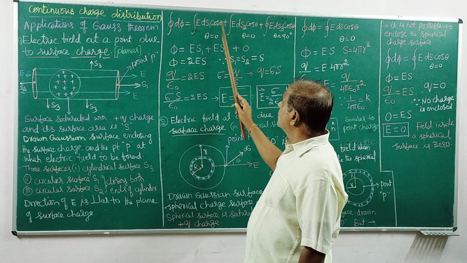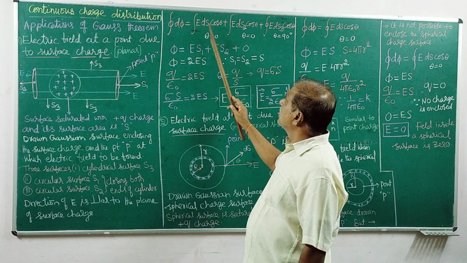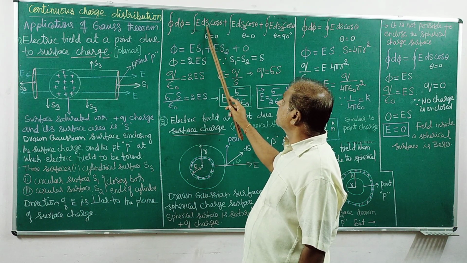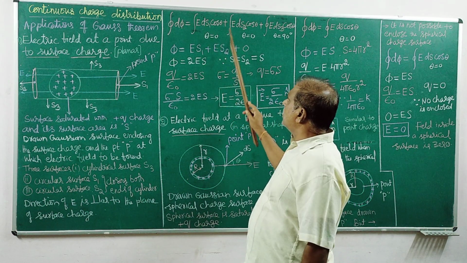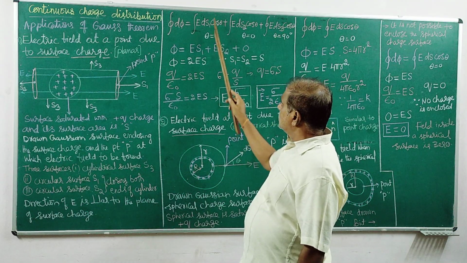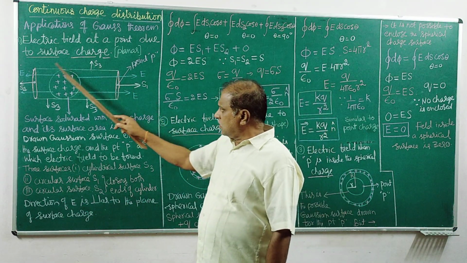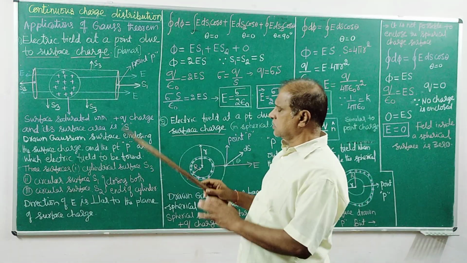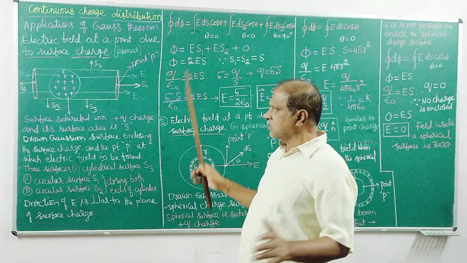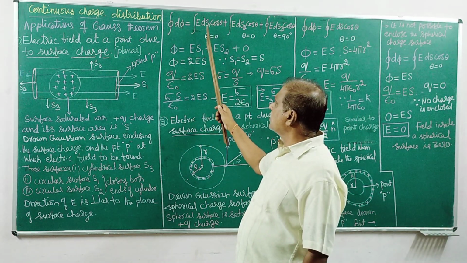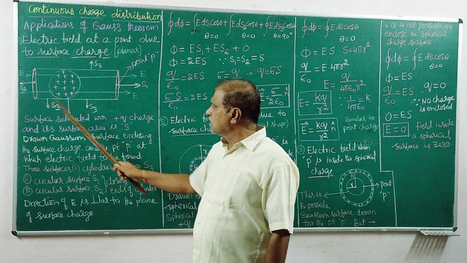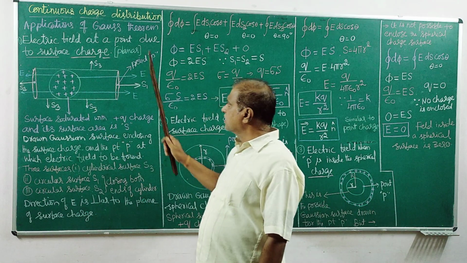What is theta? Theta is the angle between this vector and this vector here. So with this equation, the entire flux of the Gaussian surface is equal to the sum of the fluxes of this surface and the cylindrical surface.